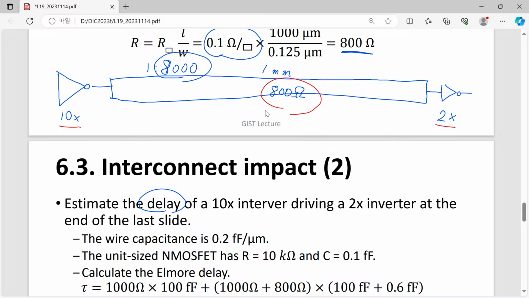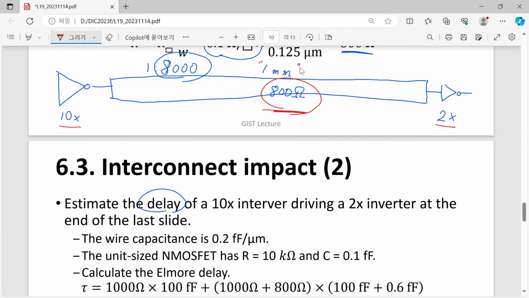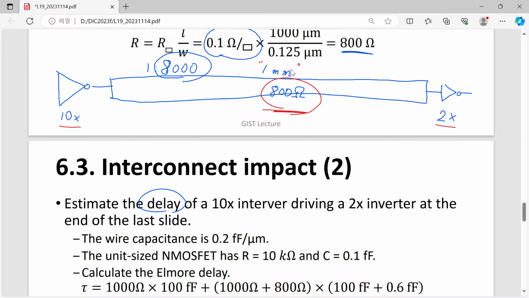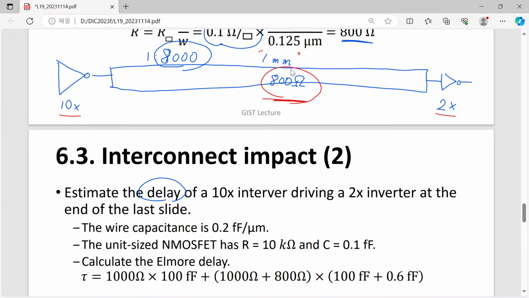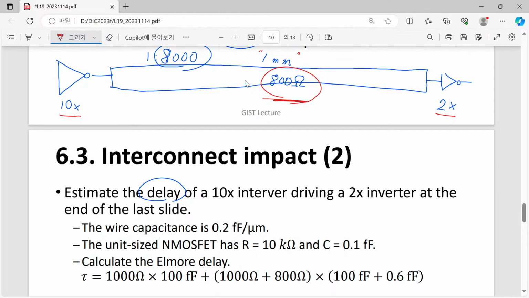But now we introduce a very long, 1 millimeter line. We want to consider whether our delay performance is affected by the introduction of a long line or not. Of course, we have a resistance R of 800 ohm, but it's not sufficient, because we must consider the capacitance.